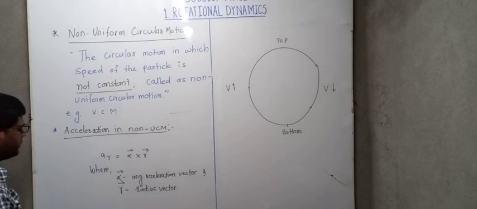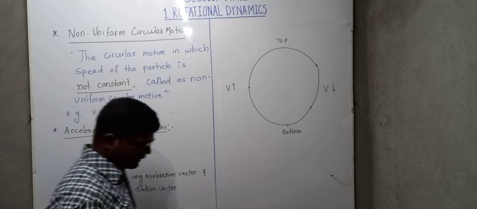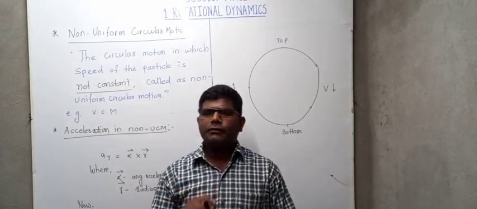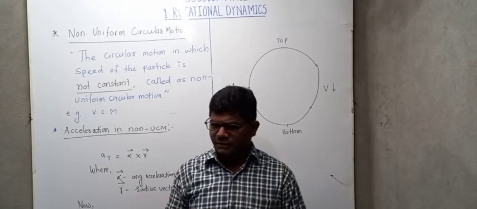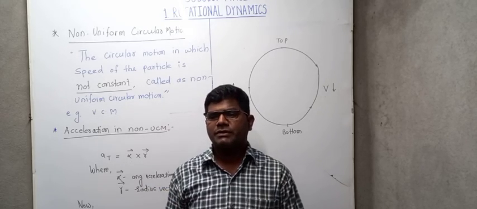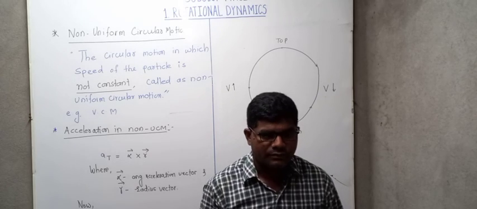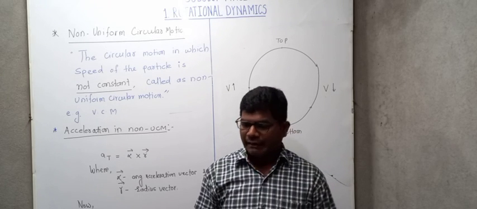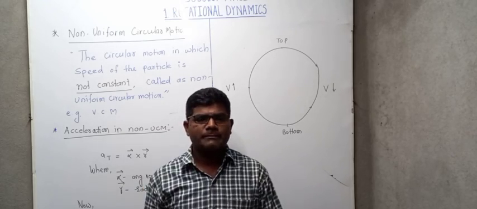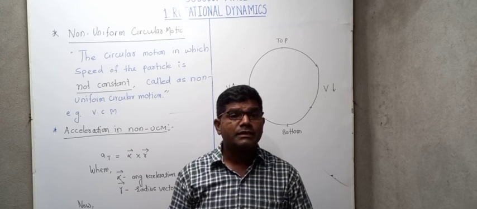Okay, now in non-UCM, the linear velocity v bar changes, and as linear velocity v bar changes, angular velocity omega bar also changes. And as omega bar, that is angular velocity, changes with respect to time, acceleration is produced.